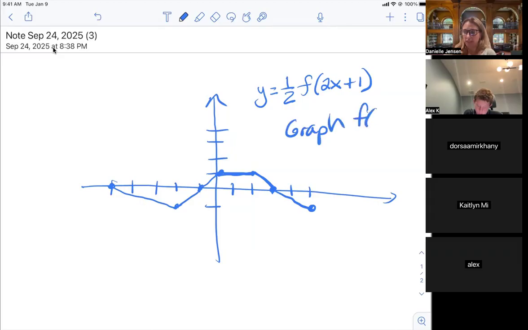Graph f of x. So we've had a couple like this where instead of me giving you the original and you're transforming it, I'm giving you the transformed and you're finding the original graph.